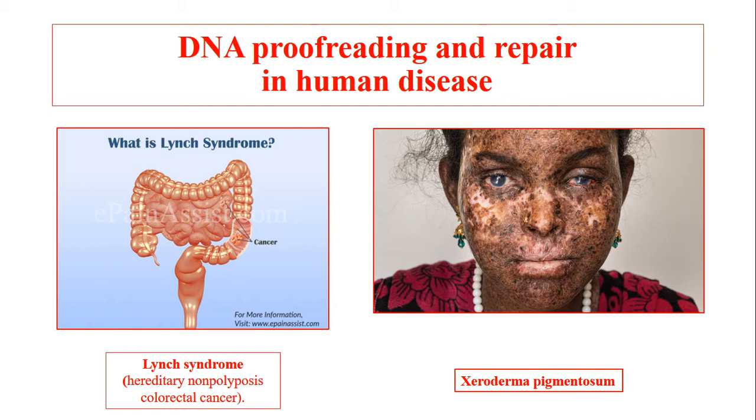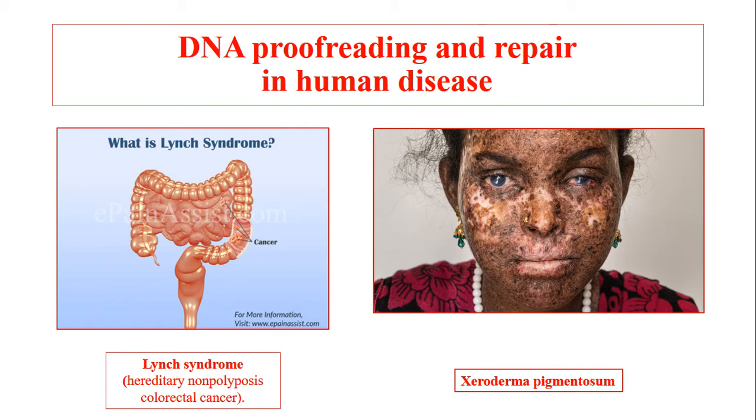In many cases, mutations in genes that encode proofreading and repair proteins are associated with hereditary cancers that run in families. For example, hereditary non-polyposis colorectal cancer, also called Lynch syndrome, is caused by mutations in genes encoding certain mismatch repair proteins.